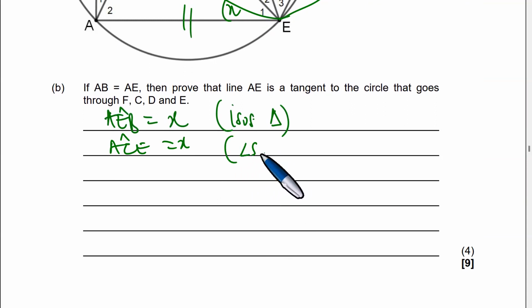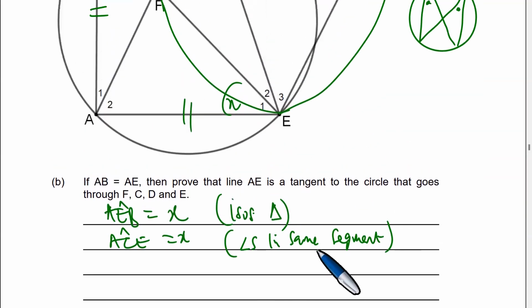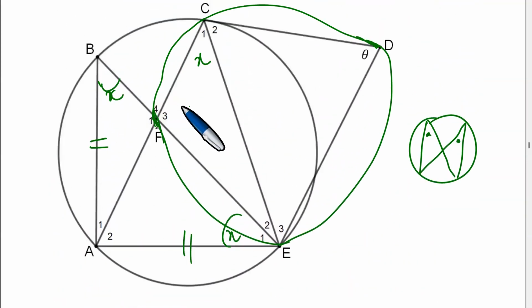Angles in same segment. So you have that this is X, and that is X. So which means that angle AEB is equal to angle ACE.